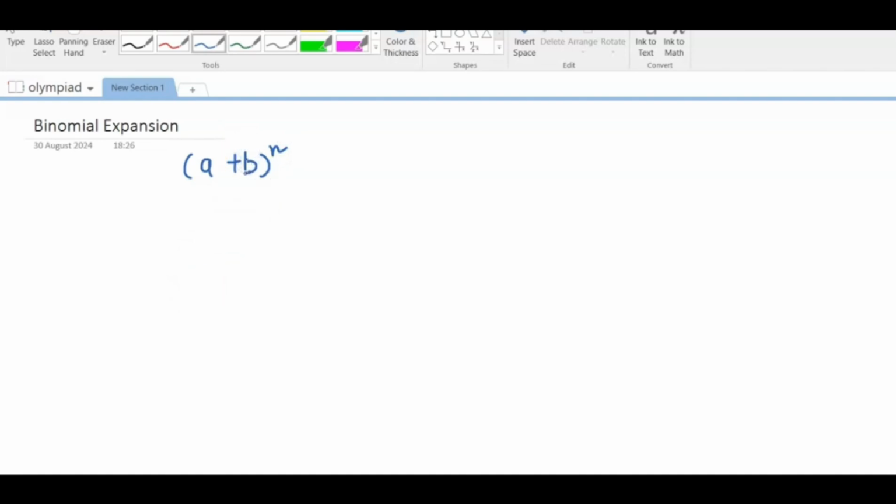It gives that (a plus b) to the power n is equal to the summation over k from 0 to n of n choose k, a to the power n minus k and b to the power k. So the sum of the powers of a and b will always be n.